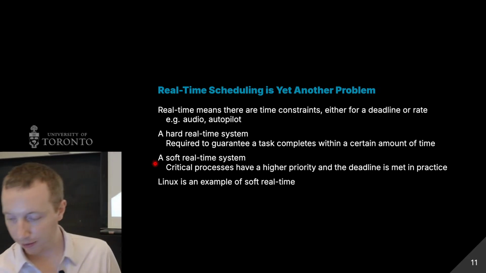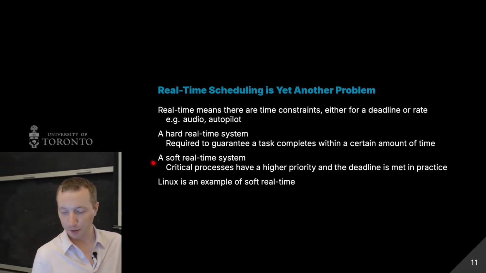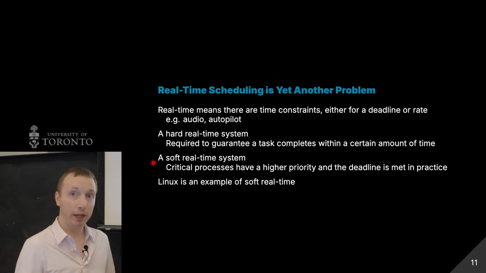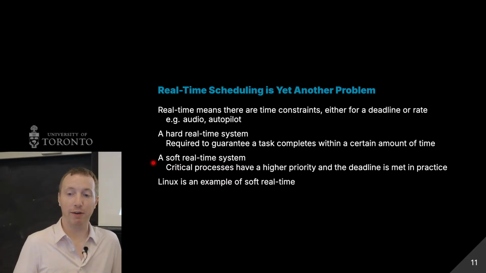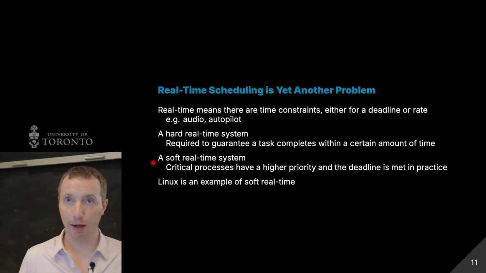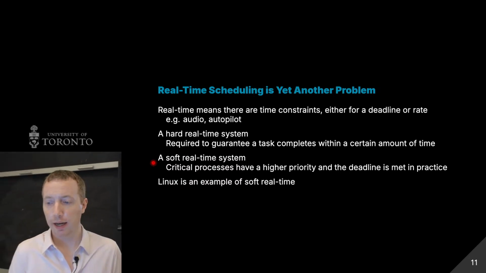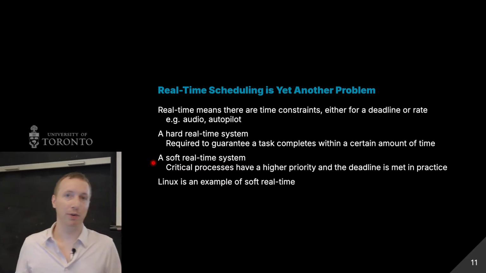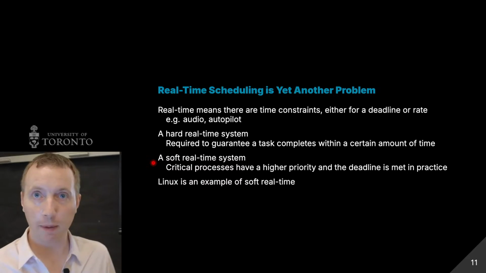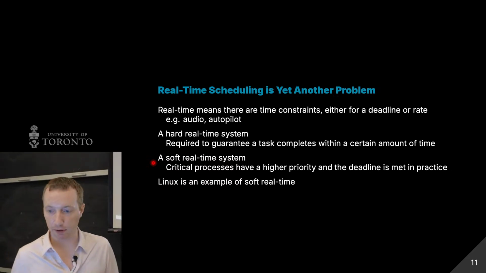So what Linux does is it will only do soft real time. That just means you add a priority and hope that the critical processes that depend on some type of timing, mostly audio, hit their deadline in practice, and then users don't complain, and it's all good. So you just try your best, you give them high priority, and that's all good.